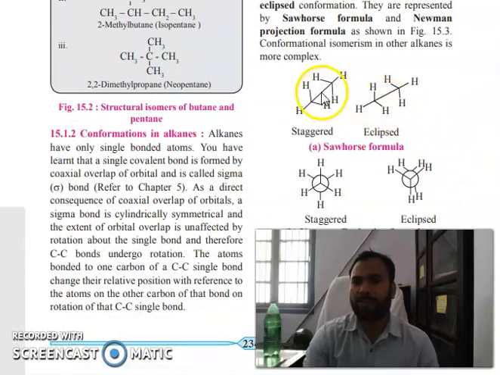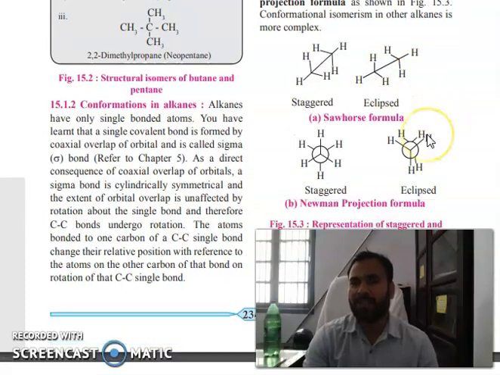I am going to show you this compound, simply ethane. If you look at the arrangement, so this carbon and this carbon, if you arrange the hydrogens like this, this is the staggered form and this is the eclipsed form. For this, I will show you the models in the next video.